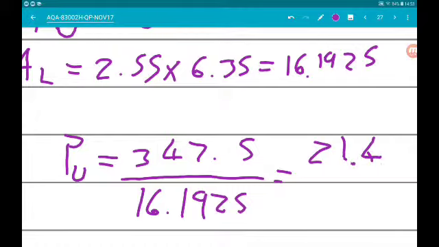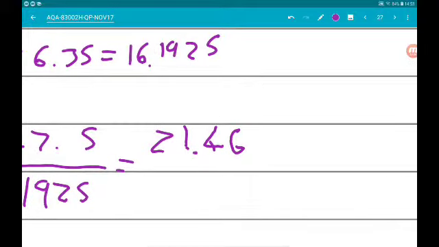Sorry, it's pressure, 21.46 newtons per meter squared. Cool.